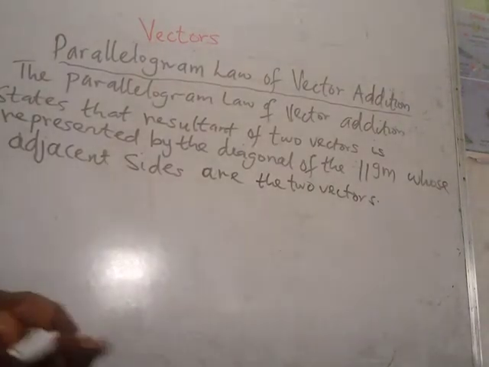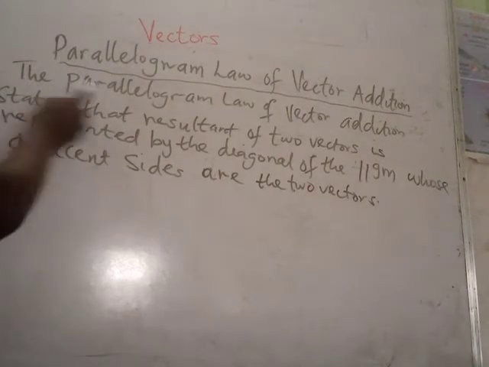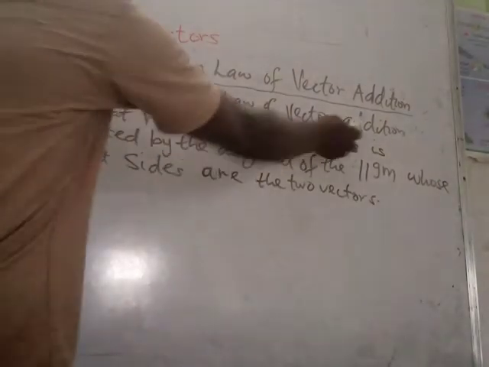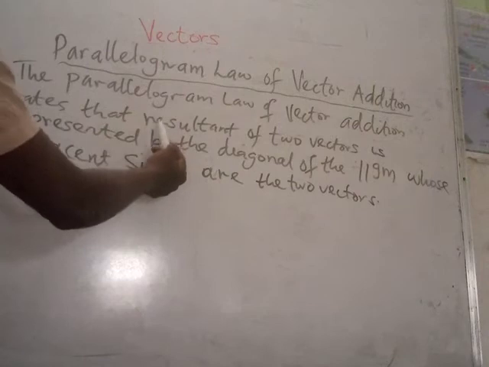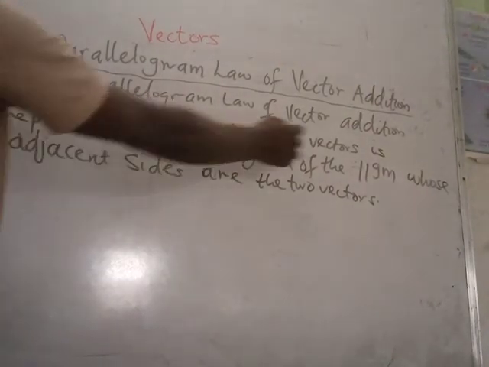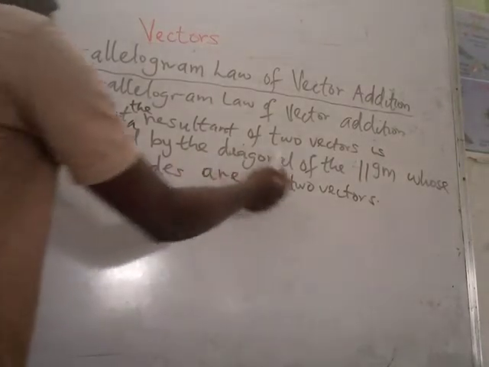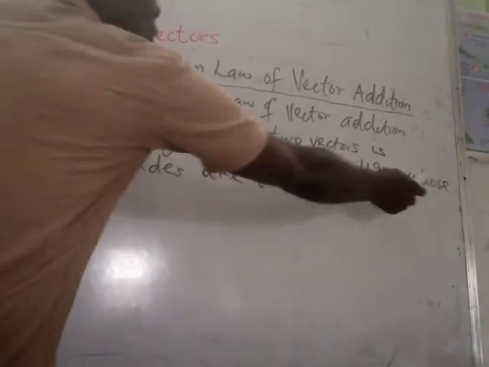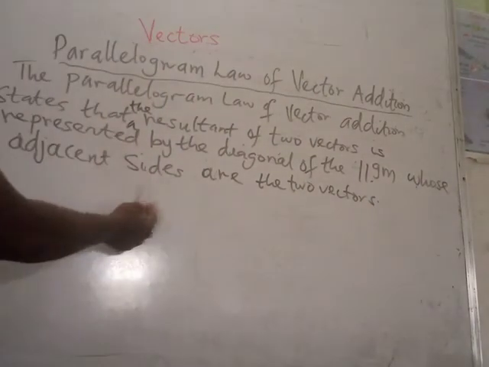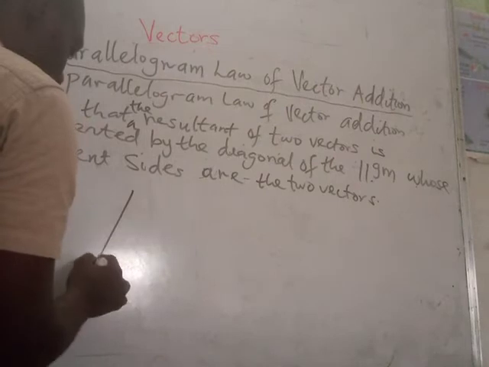So we take a look at the parallelogram law of vector addition. The parallelogram law of vector addition states that the resultant of two vectors is represented by the diagonal of the parallelogram whose adjacent sides are the two vectors. Now this is a parallelogram.